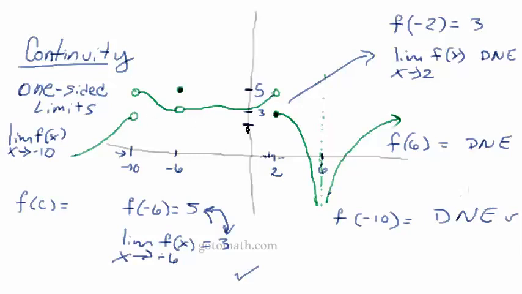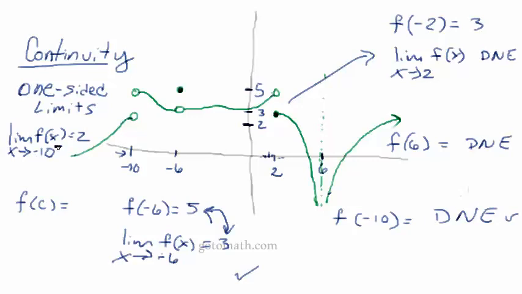We'll say that this is 2 or something like that. We would say coming in from the negative side, so we put a little negative sign right here. And this means we're coming in from this side here, and we'll say that's 2.